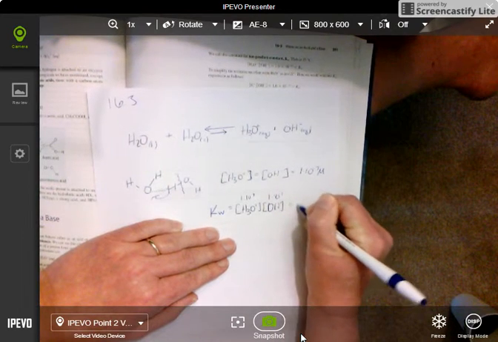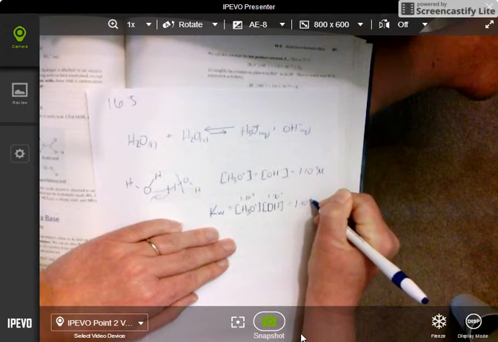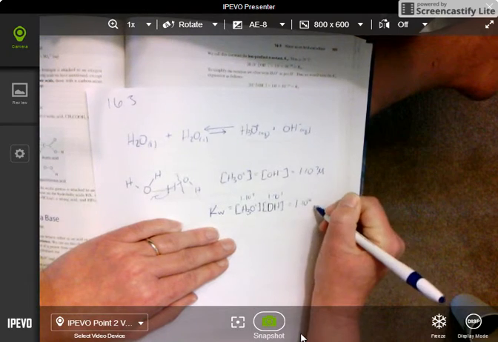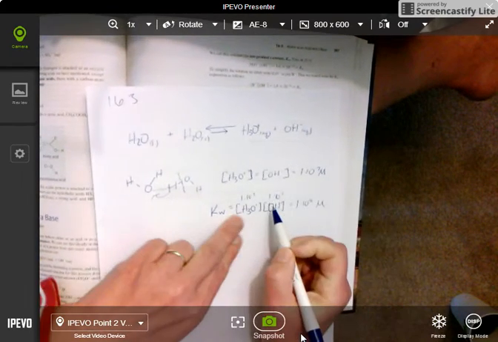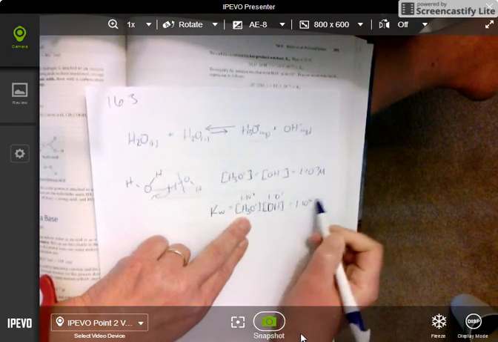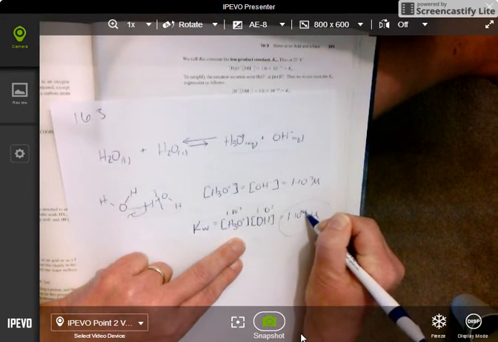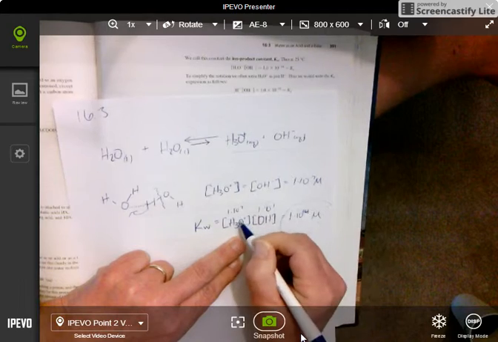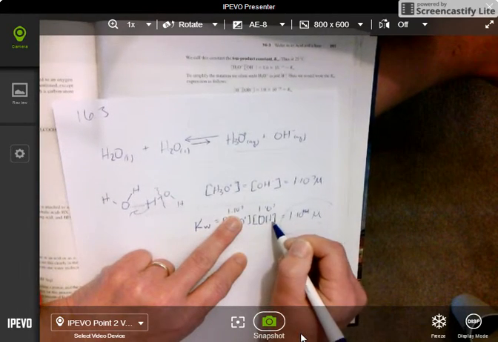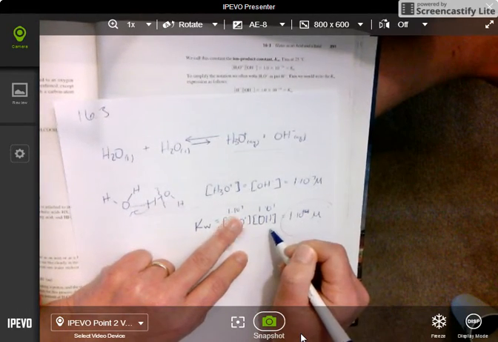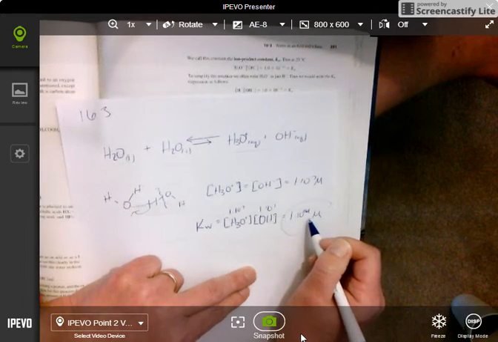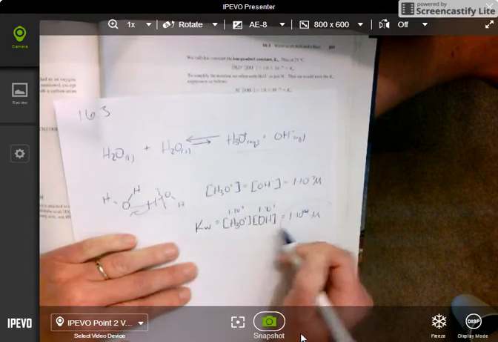You multiply these out, it's 1 times 10 to the negative 14th, again moles per liter. It doesn't matter if you add an acid or a base, this constant stays the same. So if this goes up, what has to happen to this one? This one has to go down because this is going to be the same.